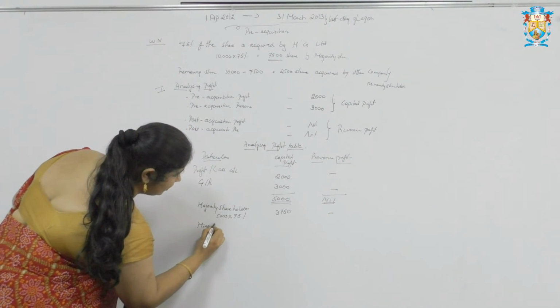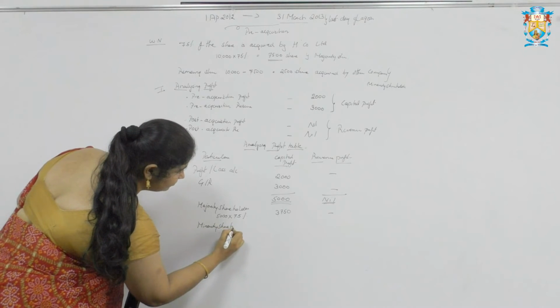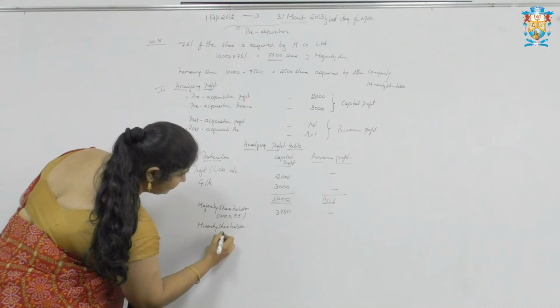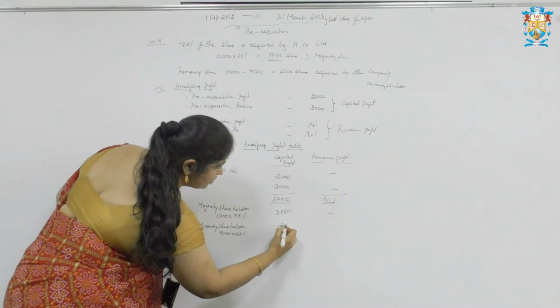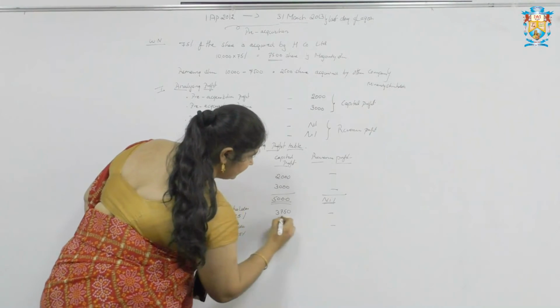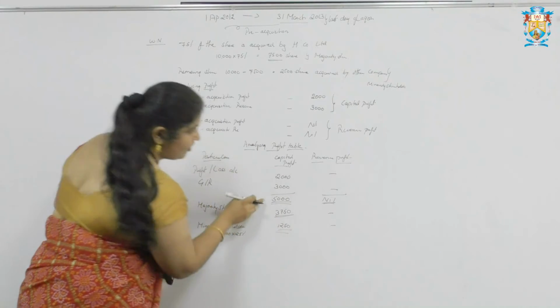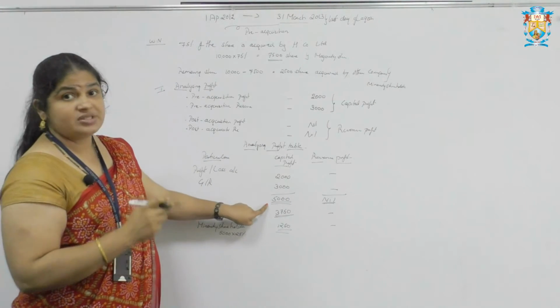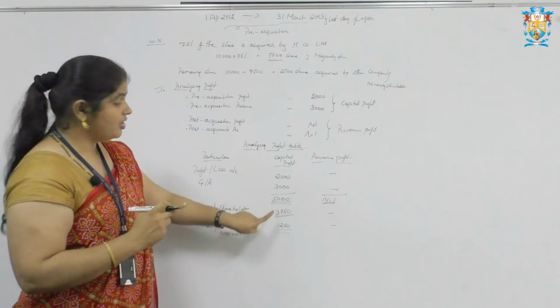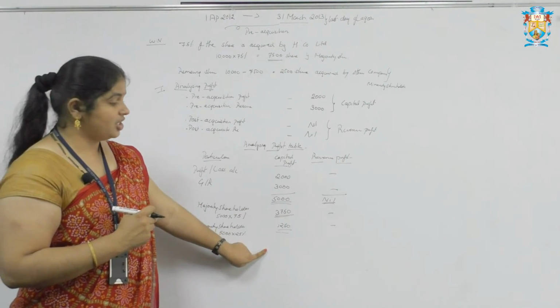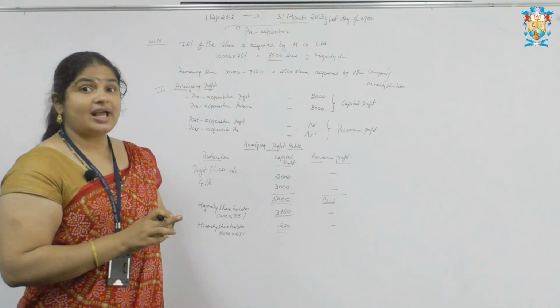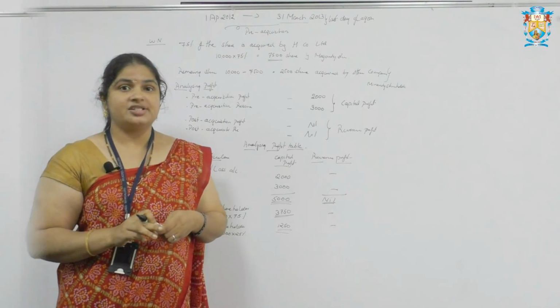Next is minority shareholder: 5,000 into 25% is 1,250. Here it is nil. So the 5,000 is the total of pre-acquisition reserve and pre-acquisition profit, distributed to the majority shareholder and minority shareholder.